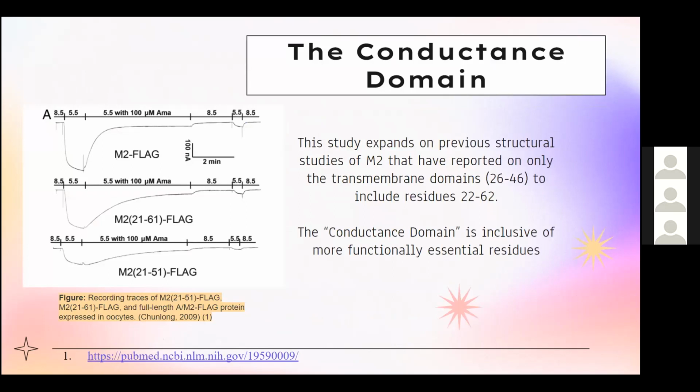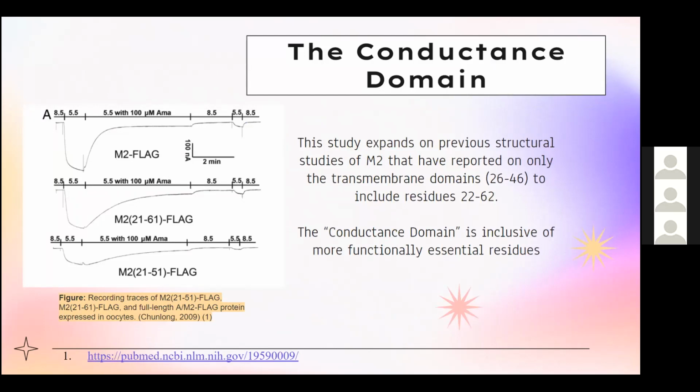As we mentioned earlier, activation and conductance are reliant on a specific stretch of residues in the M2 protein. In earlier studies of the M2 protein, the transmembrane residues, number 26 through 46, were thought to be the most important functionally.